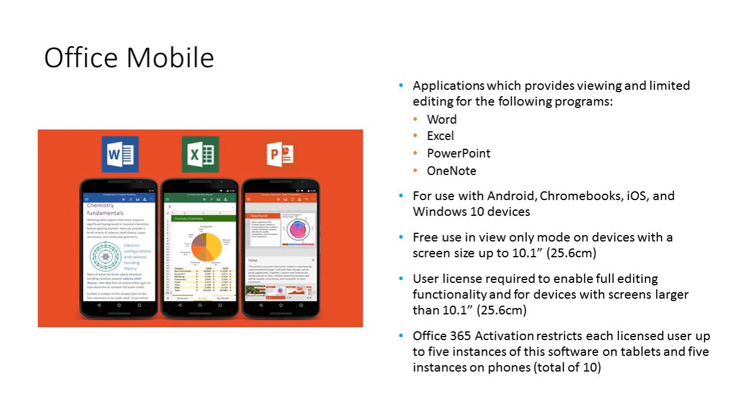So the Office Mobile aspect of these Office 365 tiers is a great solution to be able to access the applications you need if you have volunteers doing certain work in the field, or you yourself just want to utilize Excel or Word while you're on the go. This is a great benefit to the Office 365 platform.